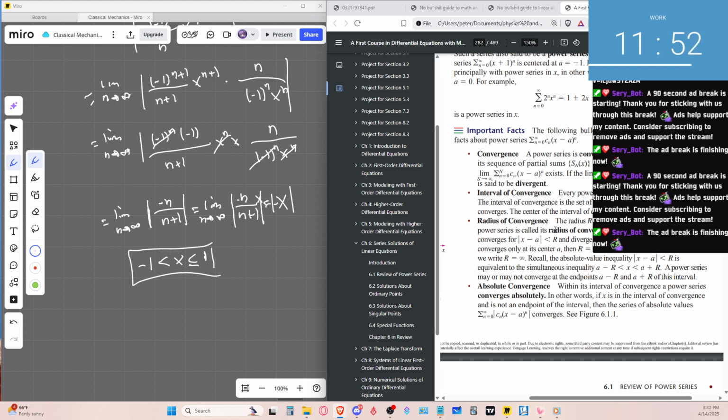If the series converges for all x, then we write that r is equal to infinity, revolving around the absolute value inequality.